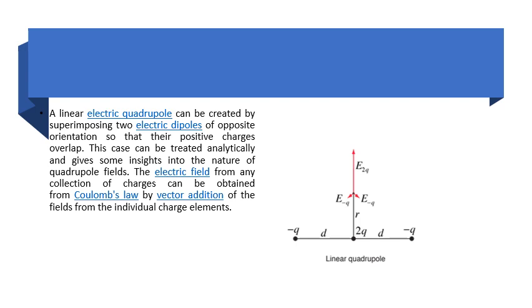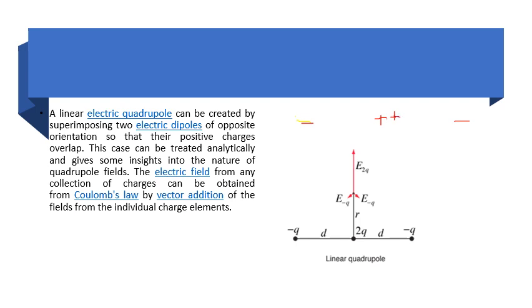The important thing in this linear arrangement is we have two electric dipoles of opposite orientation, so that the positive charges overlap. So on both outer sides, you will have minus here and minus here. But in the center, since you have overlapped them, you will have plus and plus.